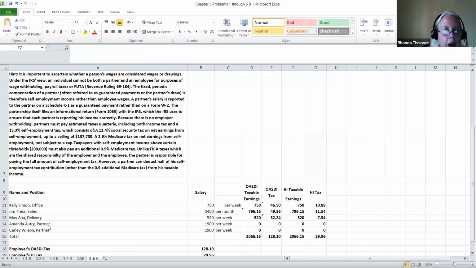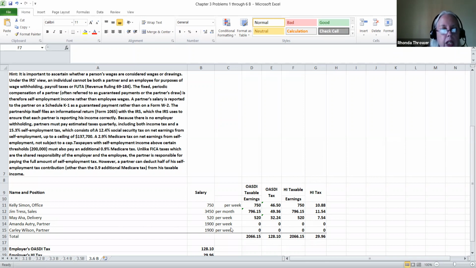They are not considered to be wages for a partner. It's drawing. So even though they are employees of the company, if they're taking a draw, which could be in the form of a salary, they do not get these OASDI taxes taken out of their draw.